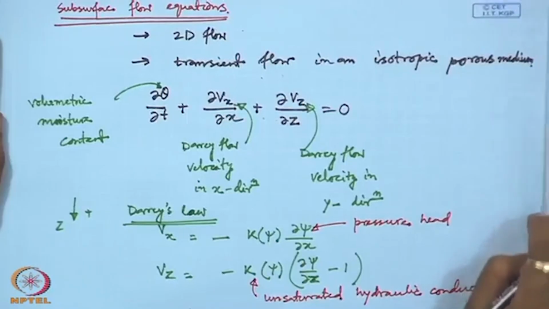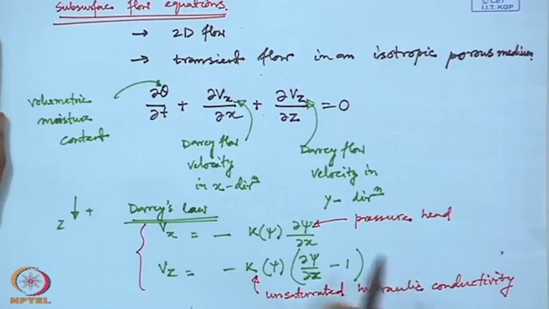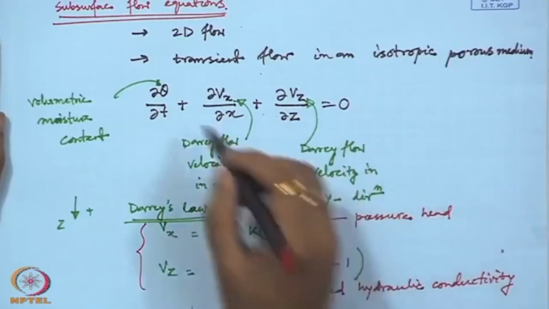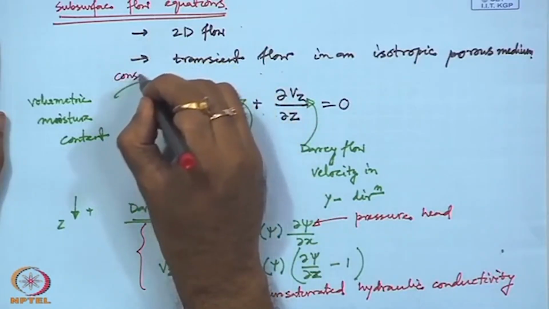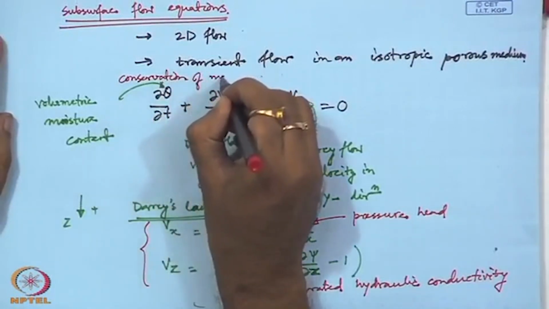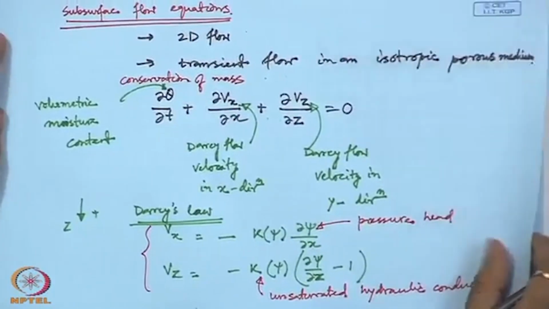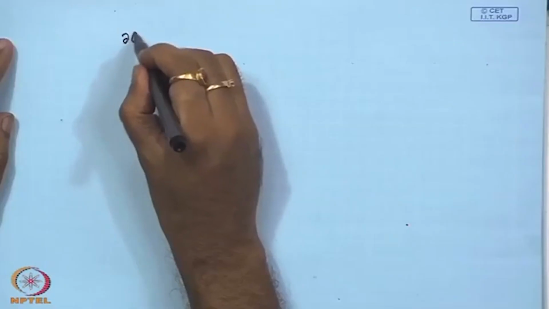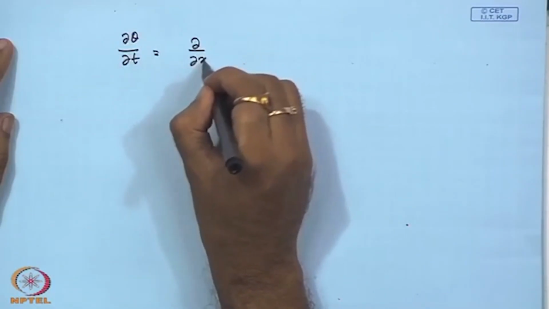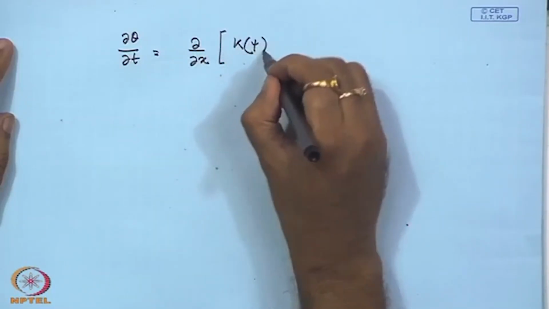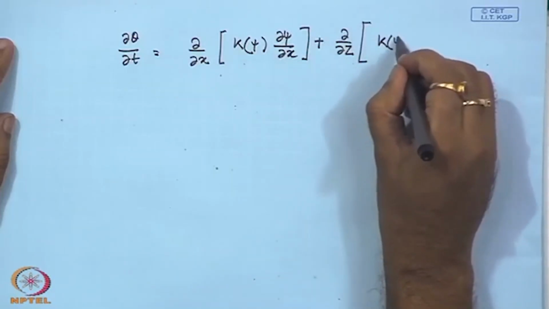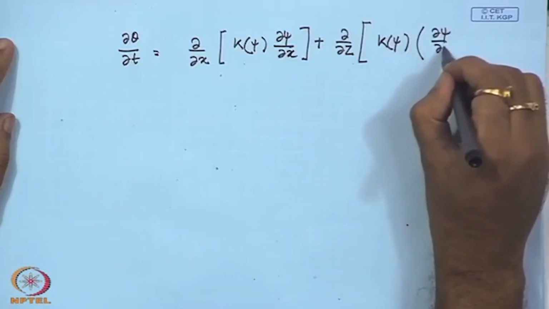So, by substituting these two expressions in our original equation from conservation of mass, we can get our final form of the equation, that is del theta by del t equal to del by del x of k psi del psi by del x, plus del by del z of k psi, del psi by del z minus 1.